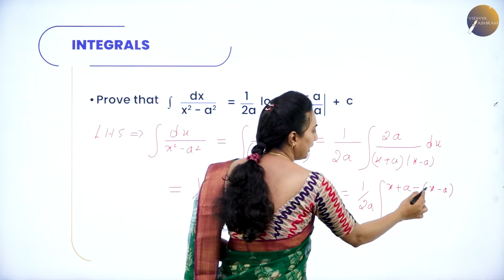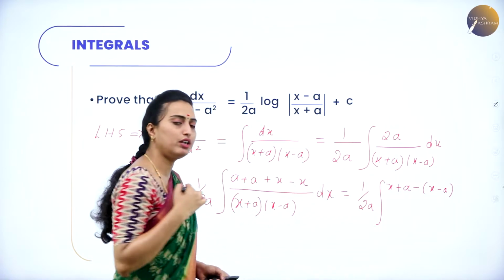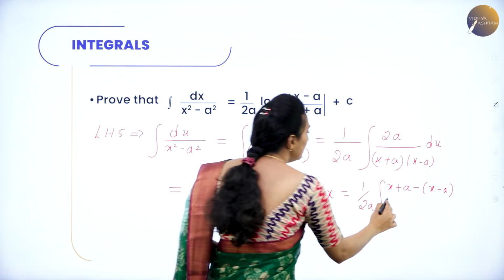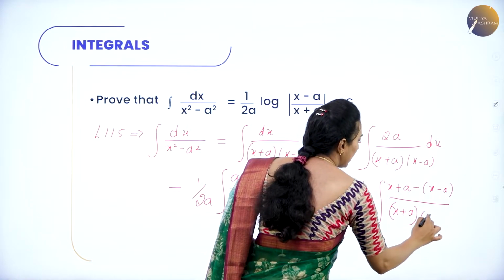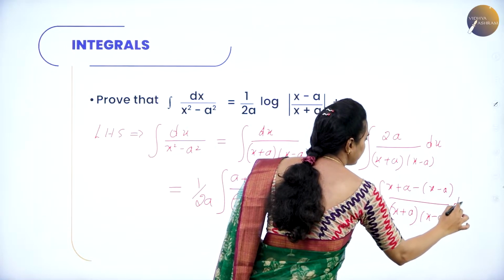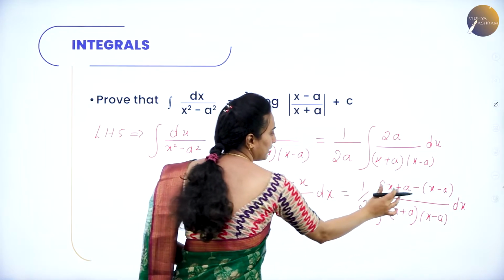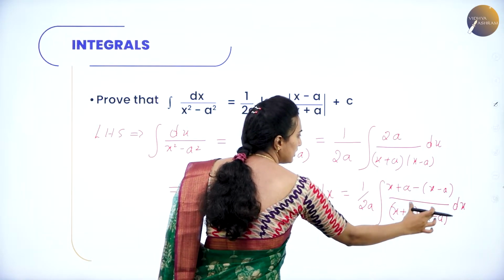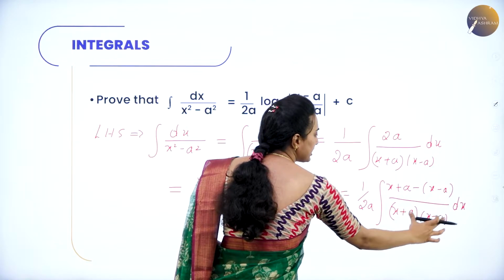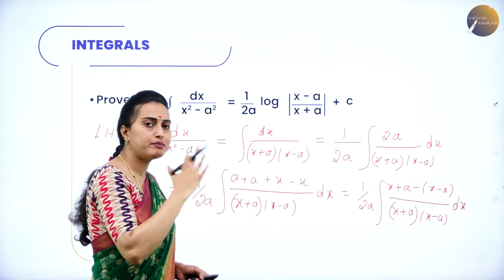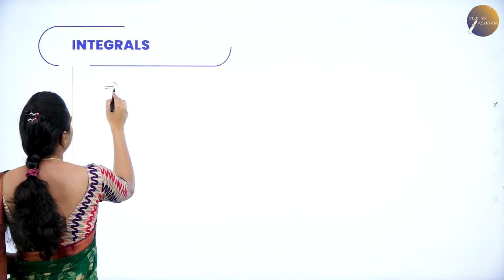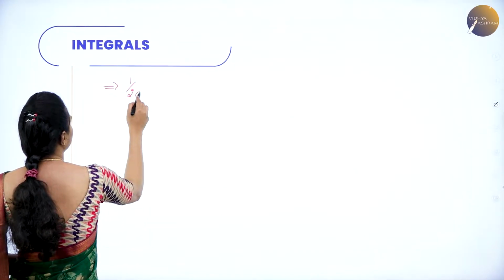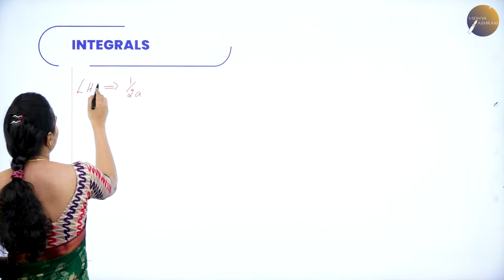If you multiply minus x minus into minus plus a only you are getting. I hope you got that step. Divided by x plus a into x minus a into dx. Now here I am separating this x plus a along with the denominator, minus x minus a along with the denominator, then I am separating the integral as well. So therefore here writing 1 by 2a, that is the LHS, correct?